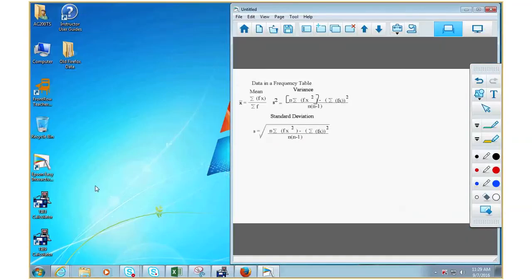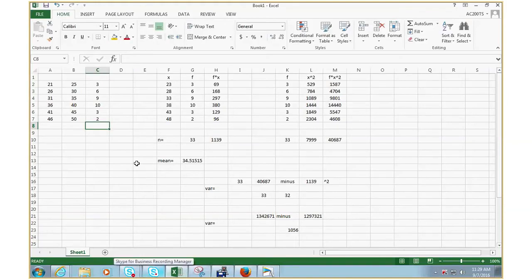I think I rewrote it anyway in the Excel spreadsheet. All right, here's one. Just write down this right here. This is the class. This is your lower boundary. This is your upper boundary. This is your F, your frequency.